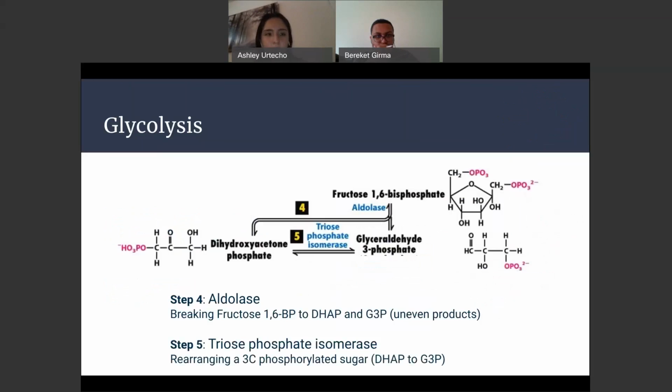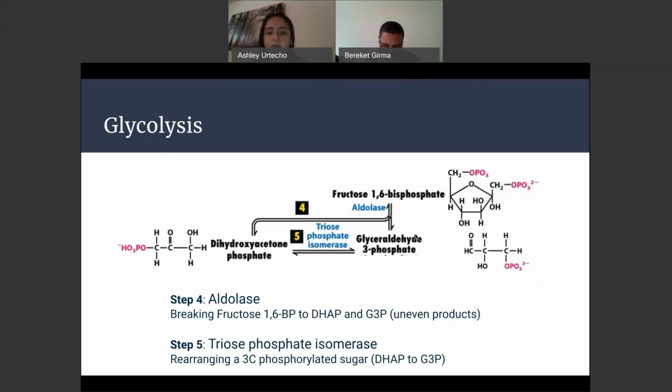Okay, so step 4 of glycolysis. Now that we've made our fructose 1,6-bisphosphate, we're going to use aldolase to break it down. As I said, aldolase is responsible for breaking molecules. But the problem with this step is that it breaks fructose 1,6-bisphosphate into 2 uneven products.